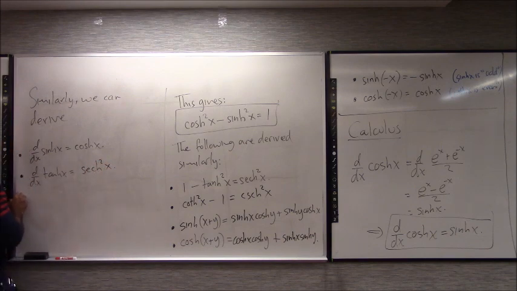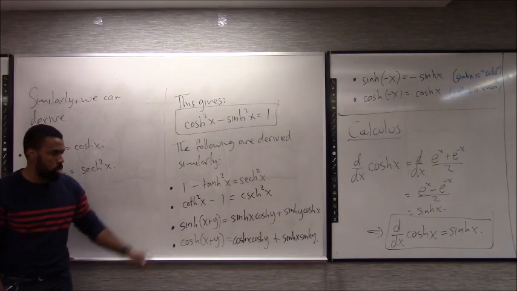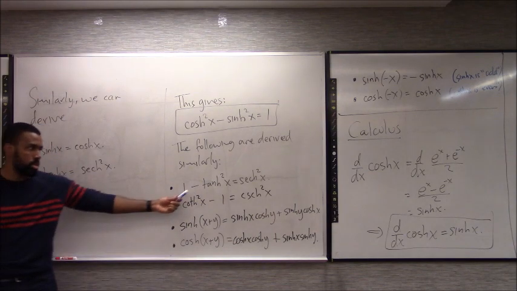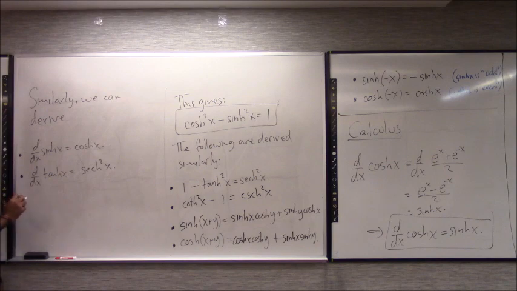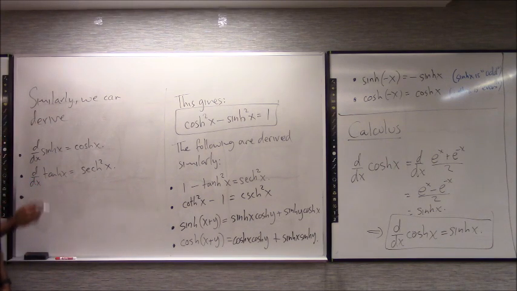It's going to look very similar to the trig functions. The thing you have to worry about here is that every now and then the signs are going to be in weird locations. So you're used to seeing 1 plus tangent squared give you secant squared, whereas here it's minus. So every now and then the sign is going to flip on you. Just be aware of that. But the fact that the sign flips on you is actually something that's quite convenient, which we'll get to.